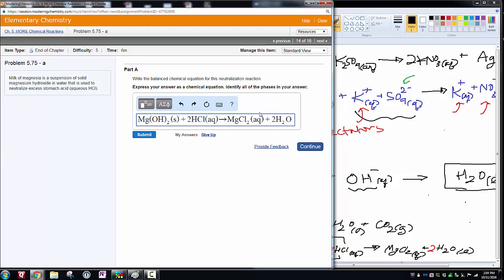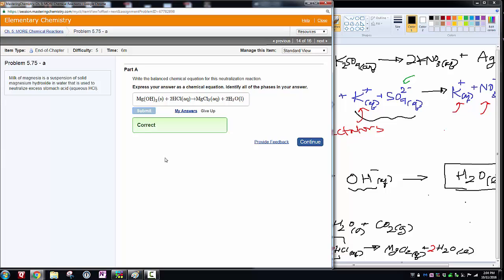All right. Magnesium hydroxide, solid, plus 2 HCl's, aqueous, makes magnesium chloride, aqueous, and 2 H2O, liquid. Right.